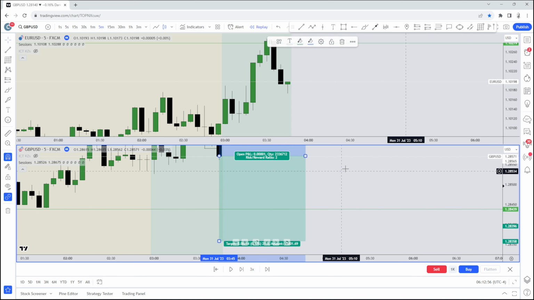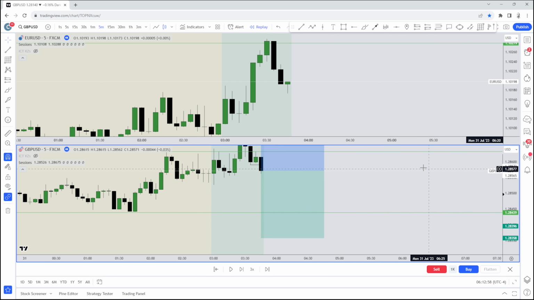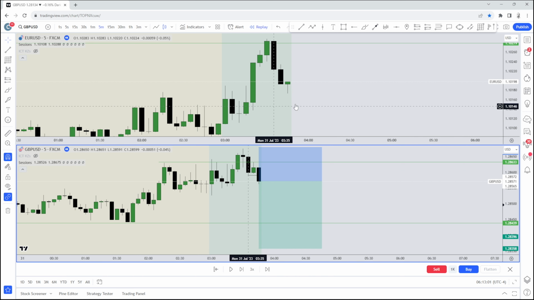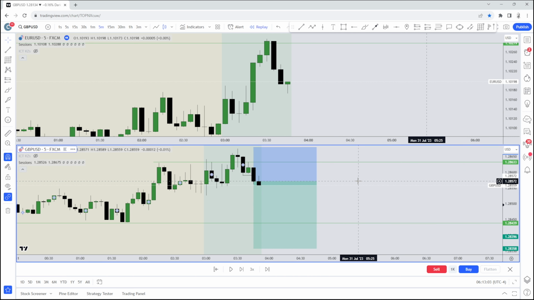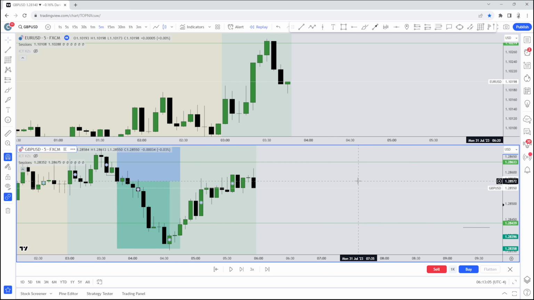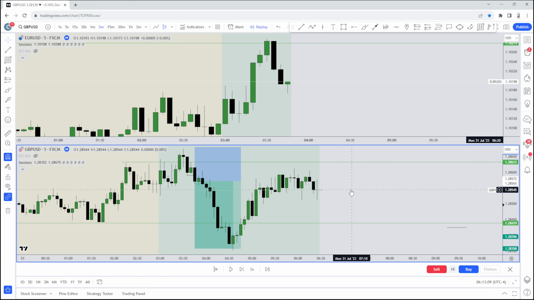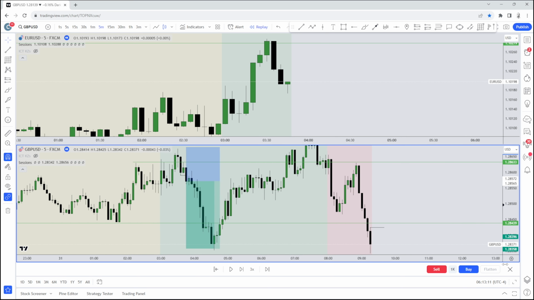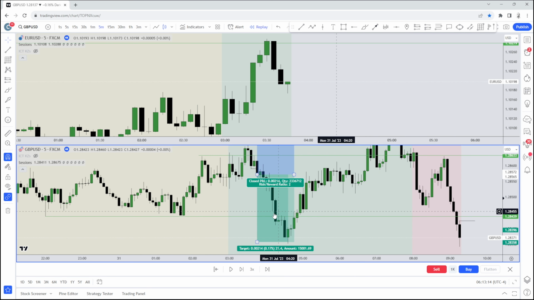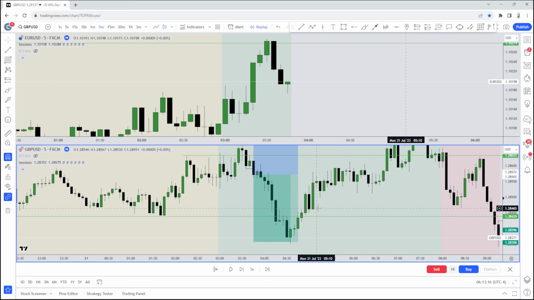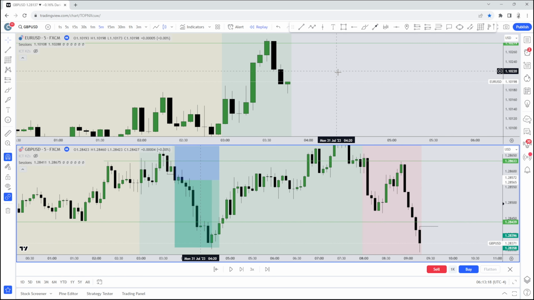Here is a proper 2-to-1 reward to risk. Okay, this is the one that happened first, so this is the one that we're gonna be using. There you go. Exactly, we just tapped it exactly, and then price reversed to us, but it is very important that you will be understanding which is a proper, let's say, low and a proper high.